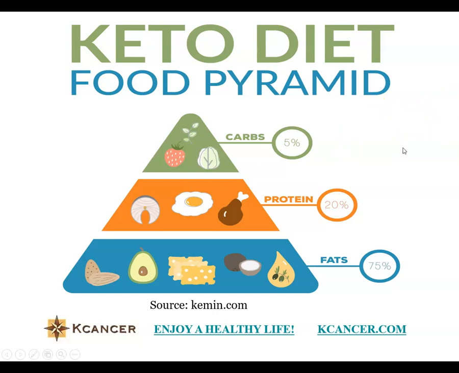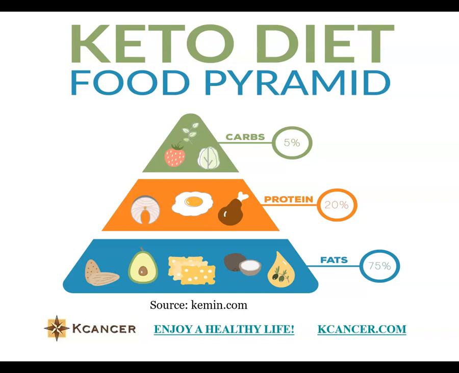You may have 75% carbs and 5% fat, because most people think fat is not good for our body and our health. We are taught this way from when we are young, that fat is a bad thing for our body.